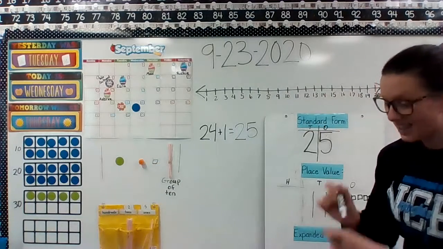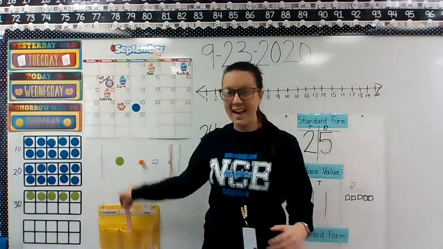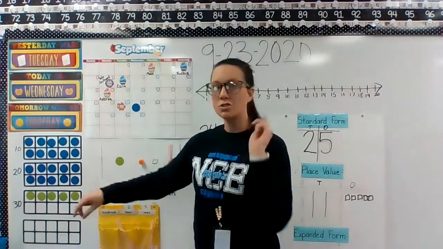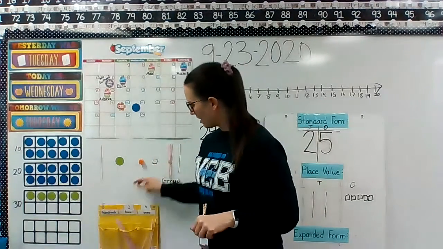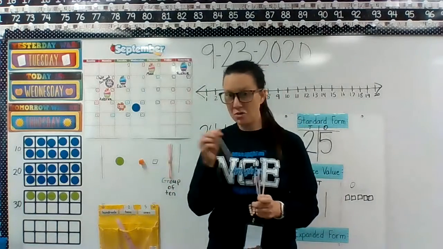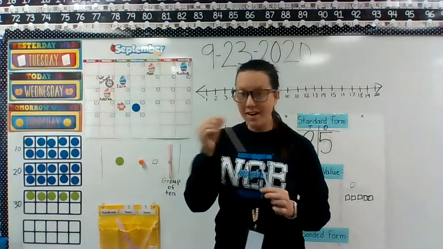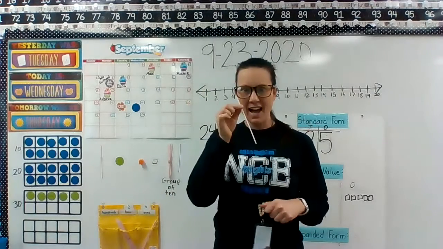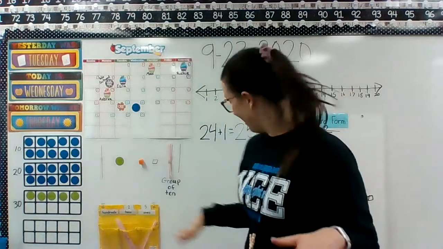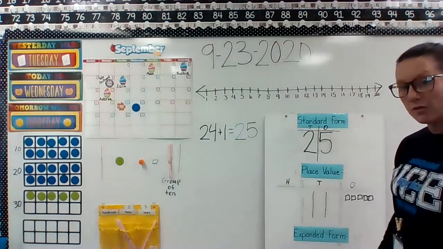Now, mathematicians, let's check our work. Ready? Just like how we count these and we say 10, 20, 21, 22, 23, 24, 25, we're going to count that exact same way on the 10s and the 1s that we drew over here.